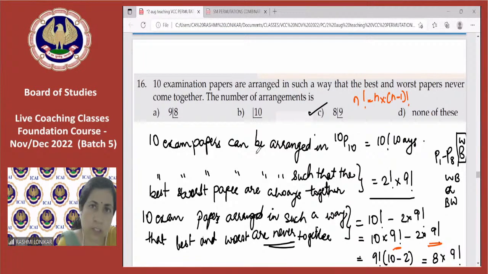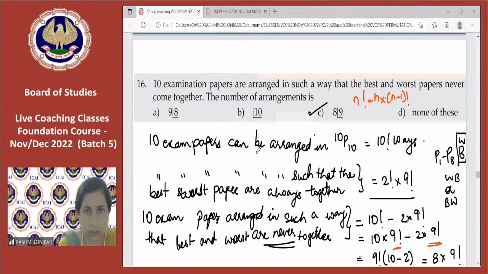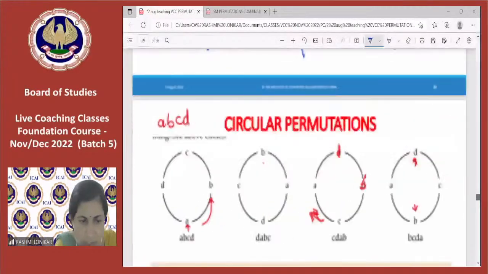Now we put in the condition that these two papers are always together. We found out that value. That is 2 factorial into 9 factorial. And then we subtracted it from the no-restriction value. With this restriction, what we get is the arrangement of 10 papers such that the best and the worst papers are never together. Remember this? Similar to this, we have the sum now. The sum that we have just now is very similar to this.